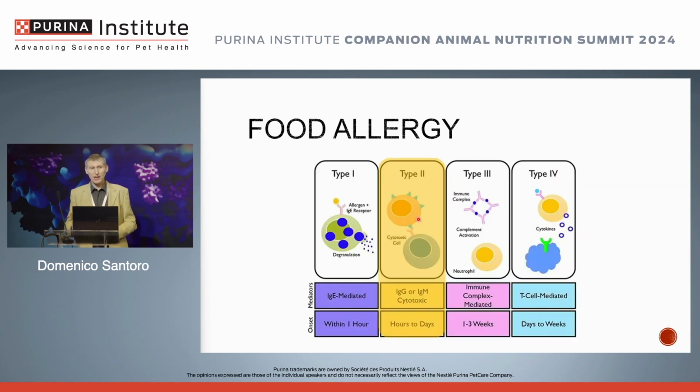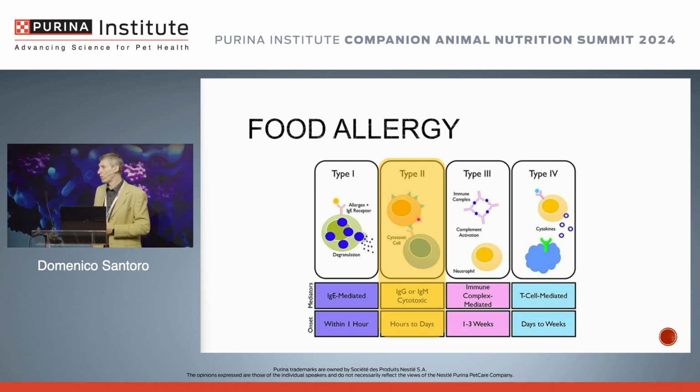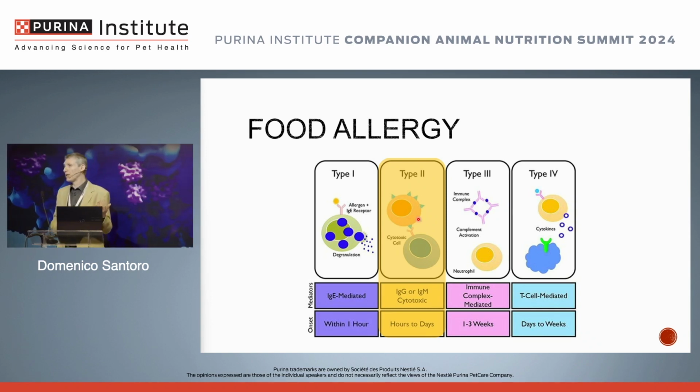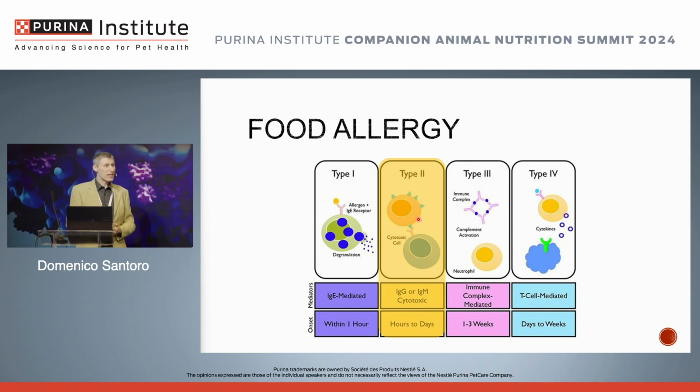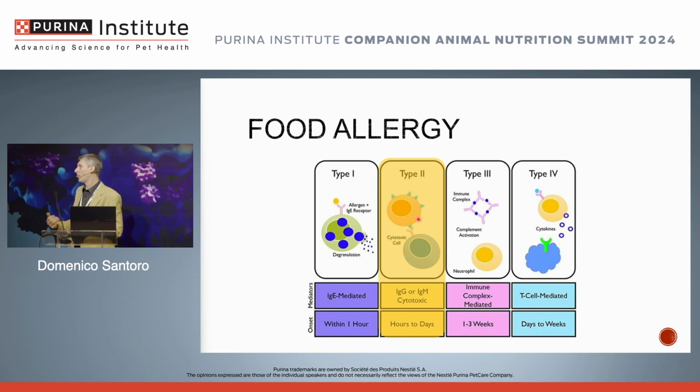So probably, because we know that food allergy in dogs, well, "know" is a big word, we think there is a multifactorial association of immune response. Most of these dogs will have a type 1 associated immune response, more like an immediate IgE response, but a chunk of them do develop a type 4 hypersensitivity reaction, more like a delayed one.